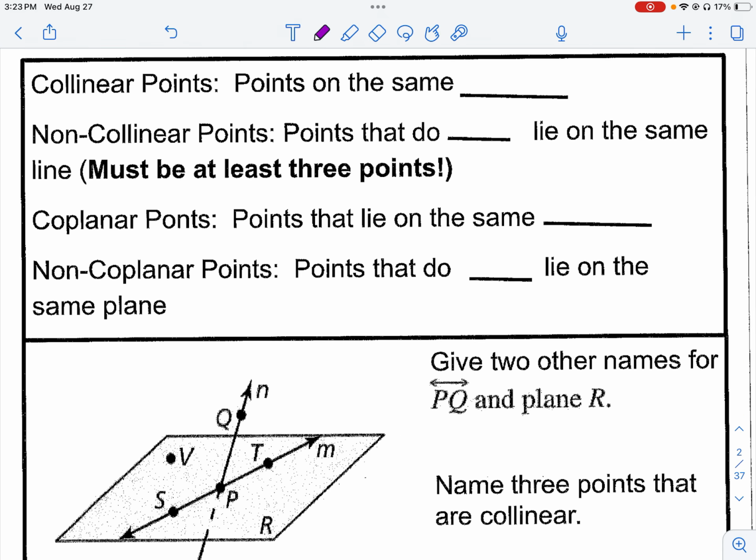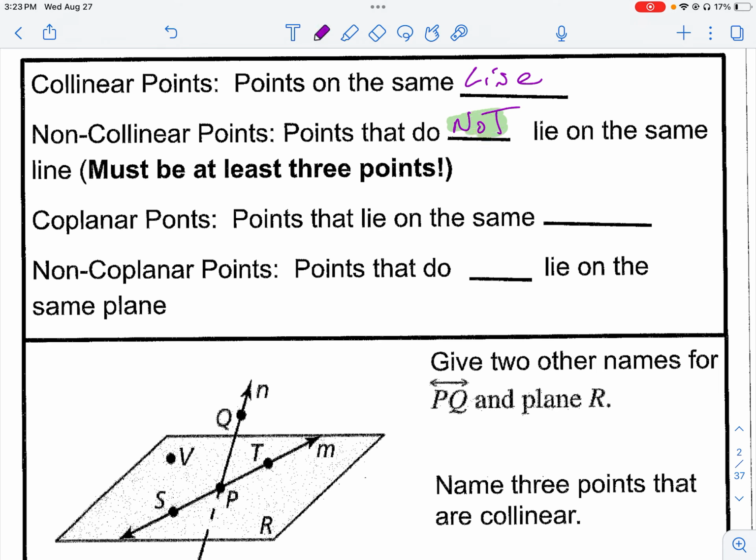So we used the word non-collinear earlier. Well, that begs the question, what is collinear? Well, linear, line, if points are collinear, they are on the same line. Non-collinear points are points that do not lie on the same line. In fact, let's highlight that not.